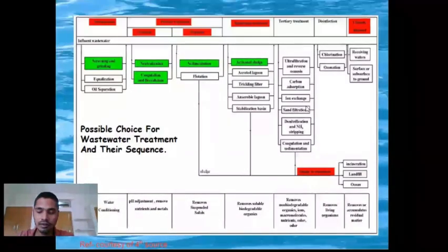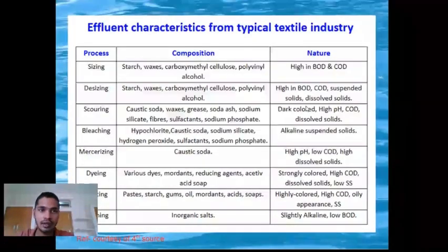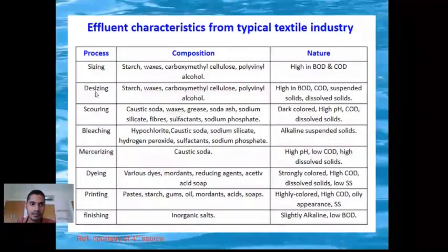To understand the significance of these steps, we have to understand the effluent. For example, this is the effluent of a textile industry, which has different processes such as sizing, desizing, scouring, bleaching, mercerizing, dyeing, printing, and finishing.